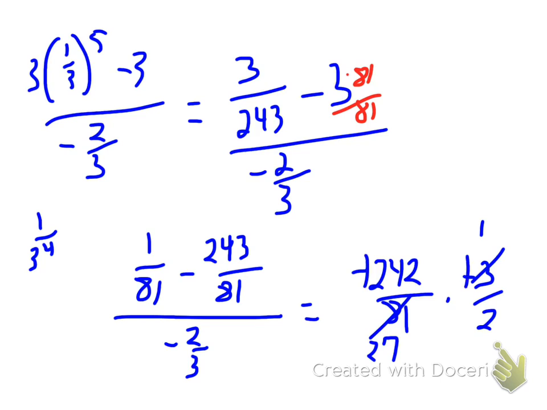The negatives will become positives here. 2 negatives make a positive. And then the 242 divided by 2, I can reduce that down to a 121.